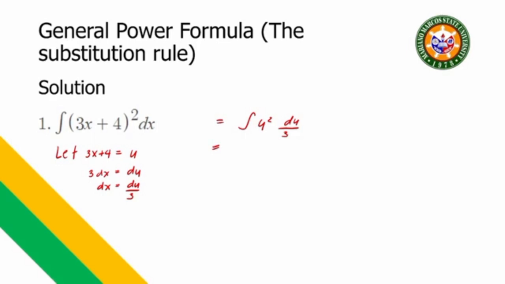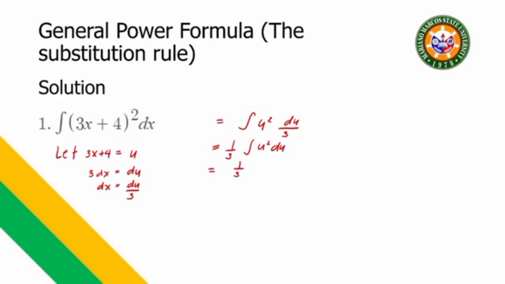Integrating this one right here, the 1/3 is a constant, so we can take this out of the integral sign. So 1/3 integral of u squared du would be left inside the integral sign. Now we will be integrating.